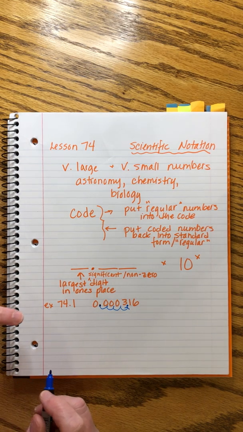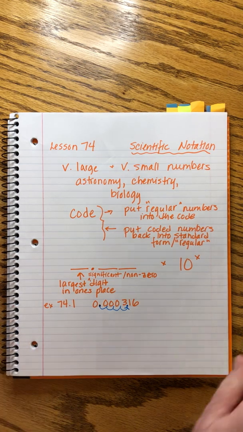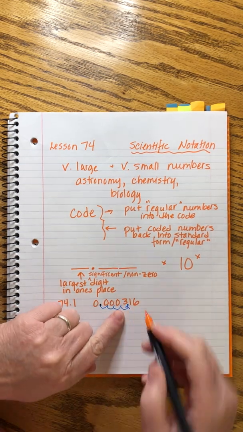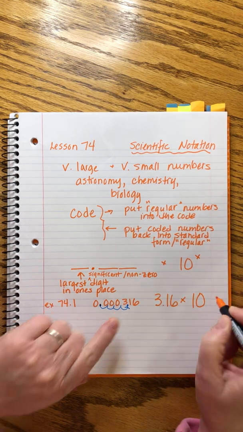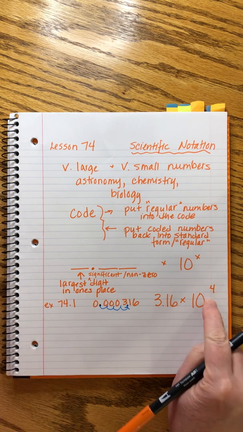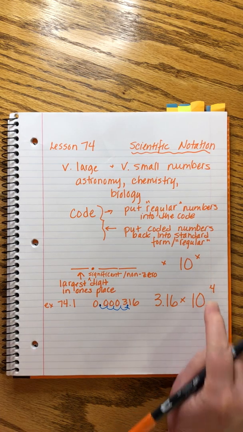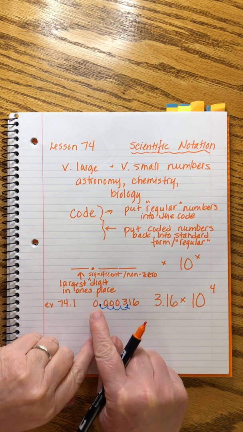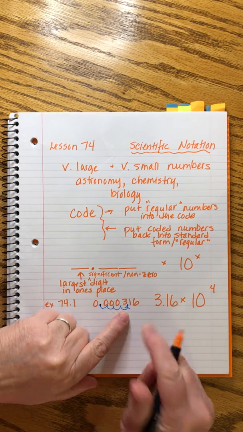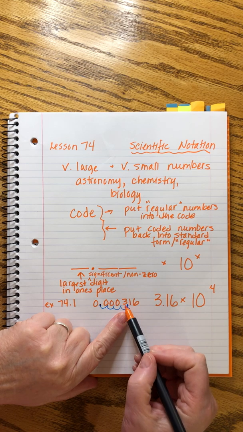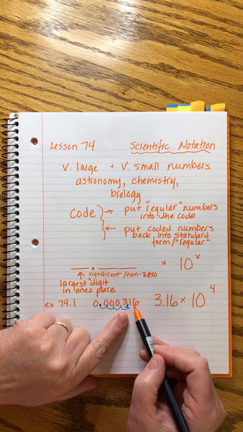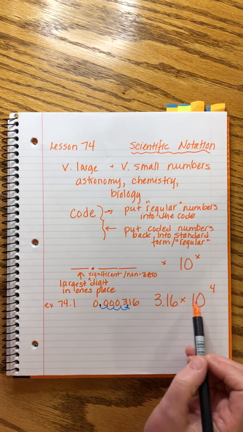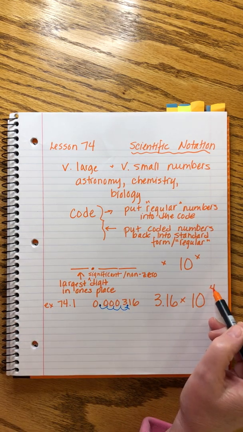So that tells us that our number is going to be 3.16 times 10, and it was 4 jumps, so I put the 4 here, but I'm not quite done. 3.16 is the number that we have when we adjust the decimal so that the largest digit is in the ones place. And I'm multiplying that by 10 to the 4. That represents the number of jumps, right?